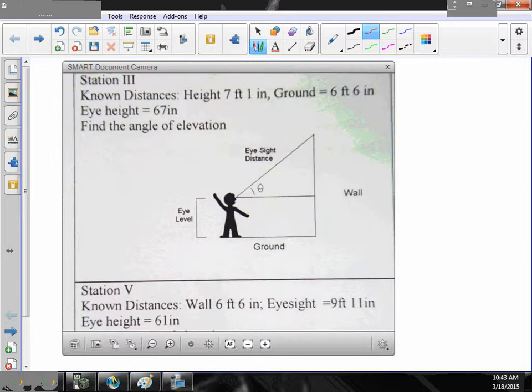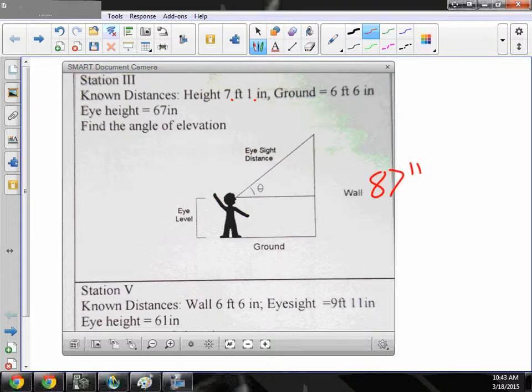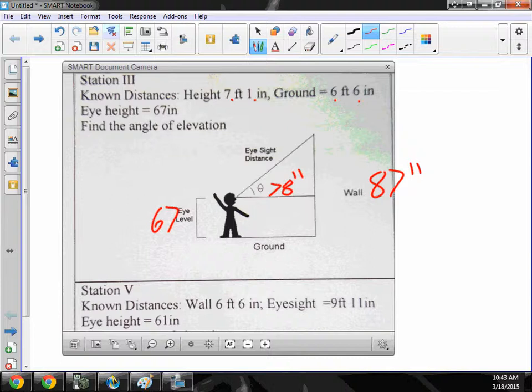The height is 7 feet 1 inch. That's 84 inches plus 1 is 87 inches. The ground is 6 feet 6 inches. That's 72 plus 6 will be 78 inches. And the eye height is 67. So what's this piece?